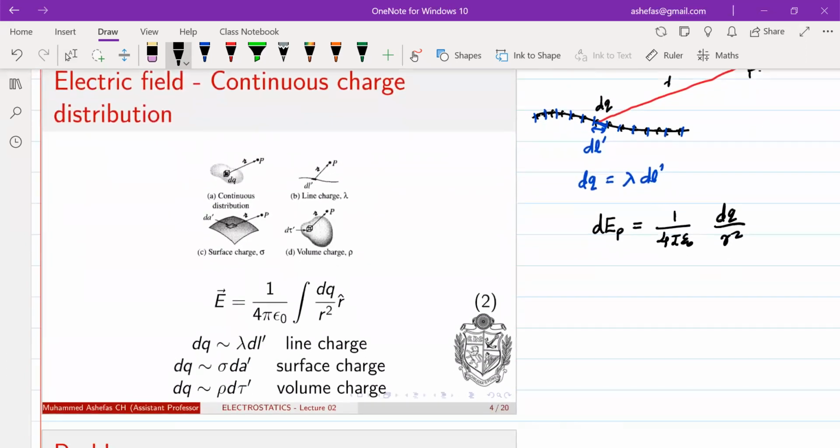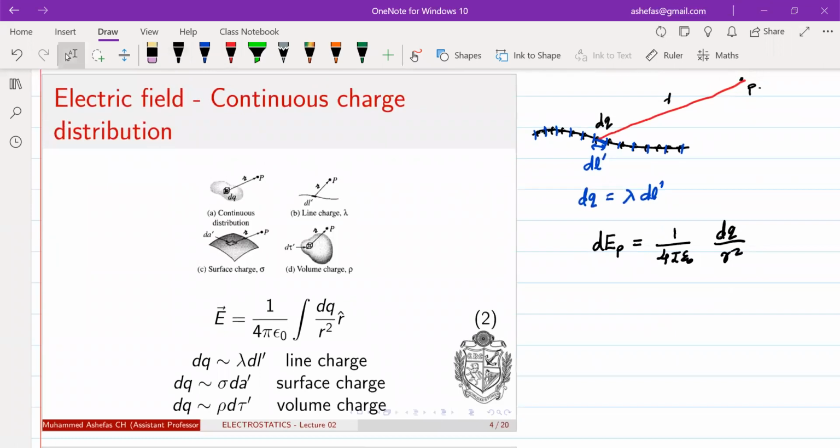Here the electric field I introduced by the symbol dE because this is the electric field produced by the small amount of dq charge. And the infinitesimal line charge I represent by the symbol dq. So the electric field dEp is 1 by 4 pi epsilon 0 dq by r square.